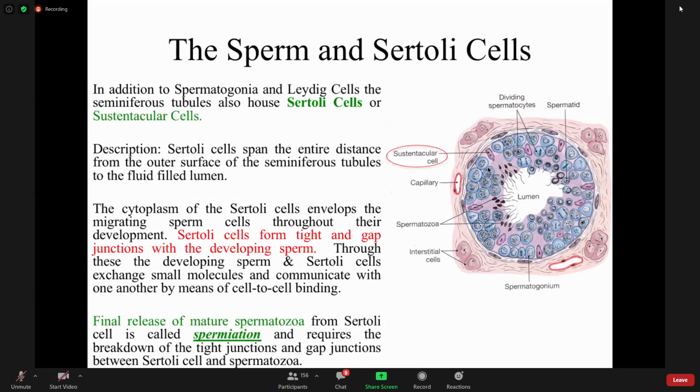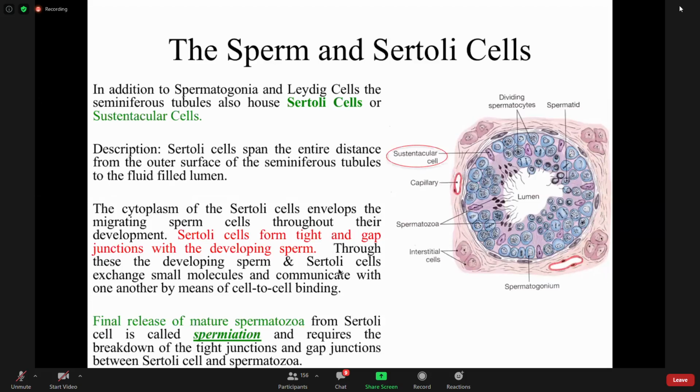Now, the cytoplasm, as you can see over here, of Sertoli cells envelops the production of sperm. So as all this goes through a process of remodeling, these are dividing spermatids over here, they reside during this remodeling with the Sertoli cells.